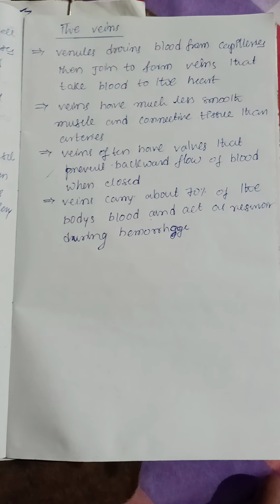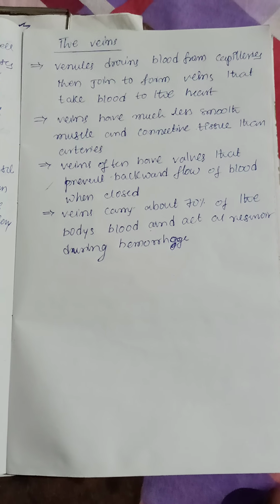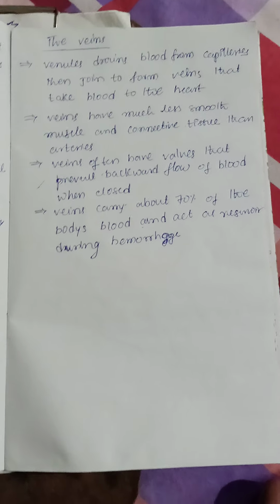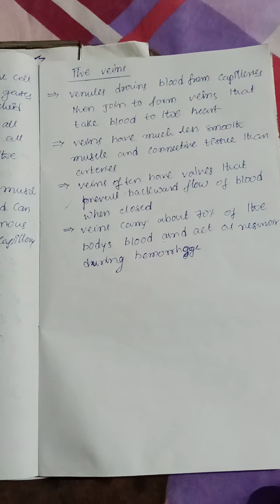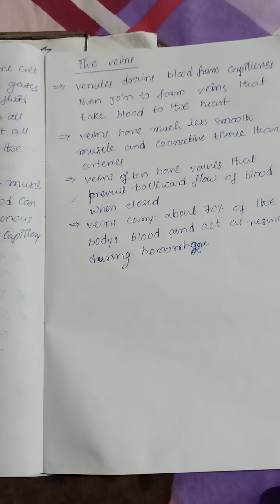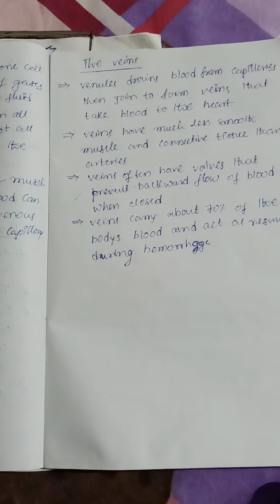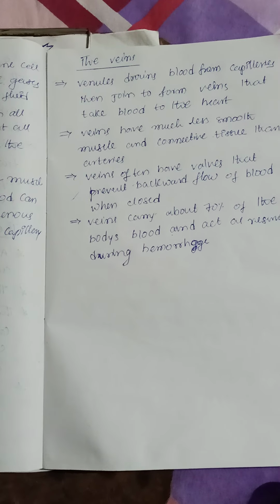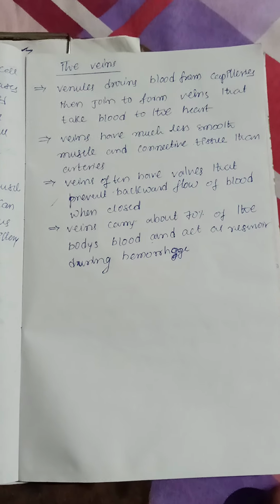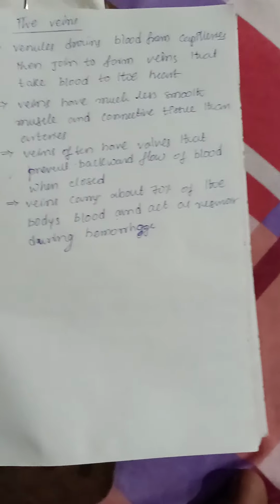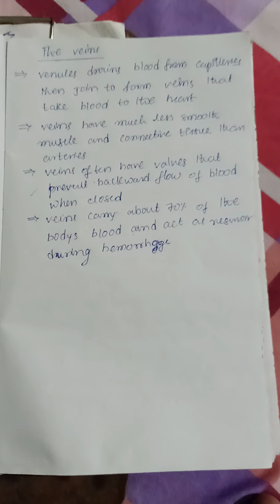Veins carry about 70% of the body's blood and act as a reservoir in hemorrhage. In the case of hemorrhagic or anemia patients, we need to inject the blood through the veins, because if the blood is deoxygenated or has any foreign particles or gases, it will be reoxygenated.